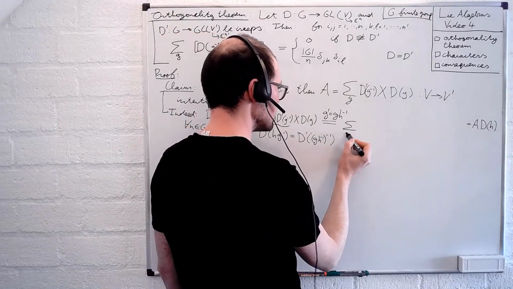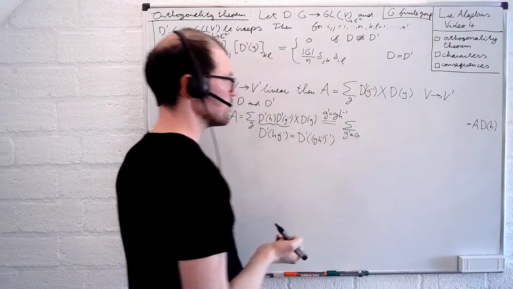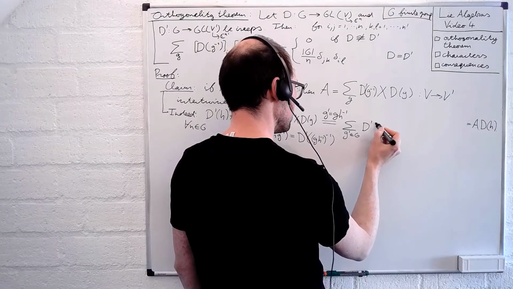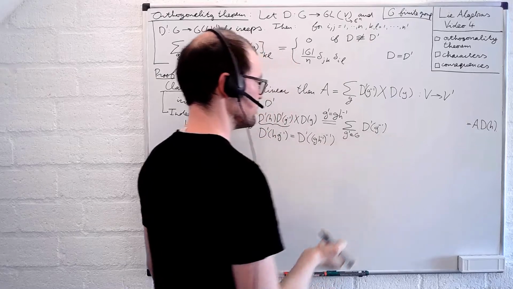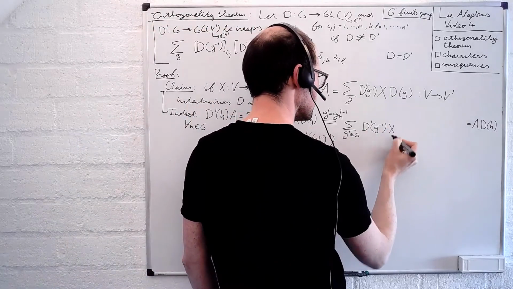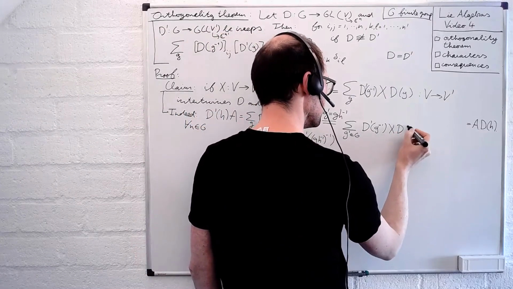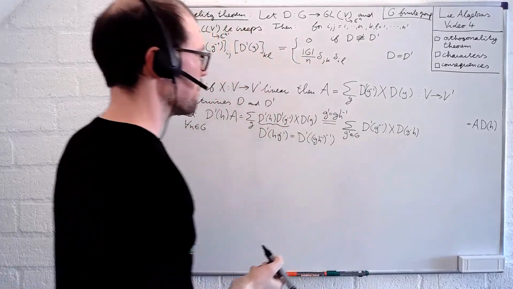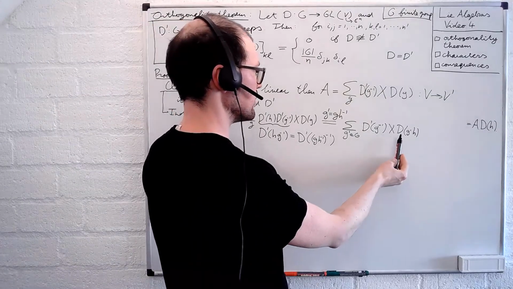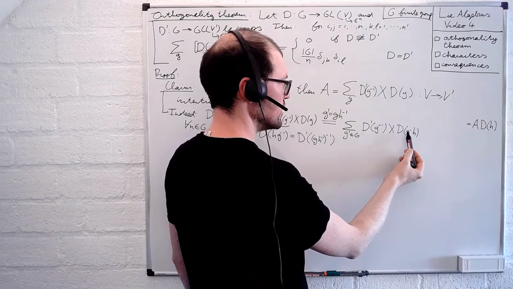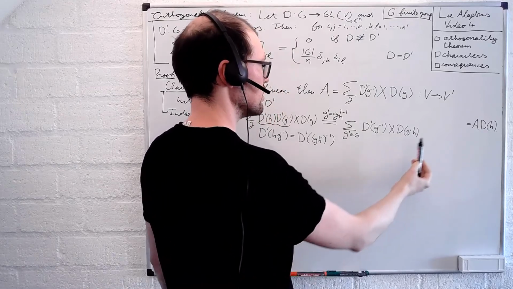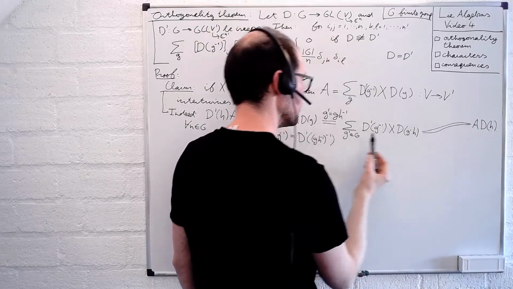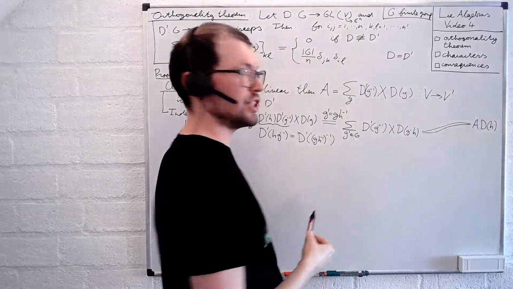So this is the same as summing over G prime in the group, where now I have D prime of G prime inverse, I get an X, and then I have D of G, and G was G prime times H, so I get G prime H. And essentially we're done now, because this expands to D of G prime times D of H, but that is exactly the expression I had up there, after I relabel G prime to be G again.